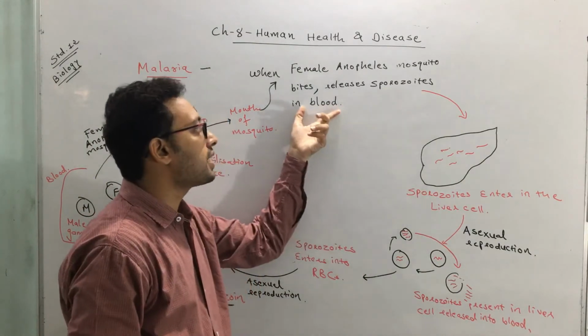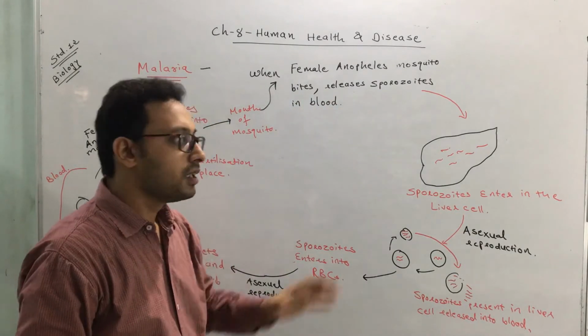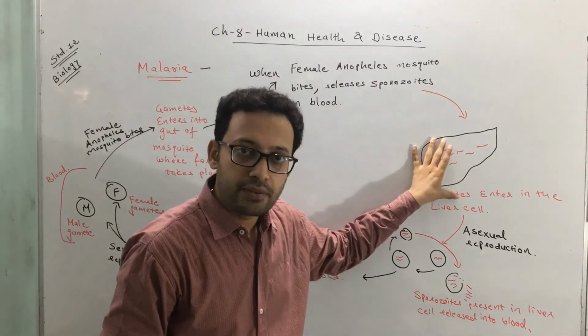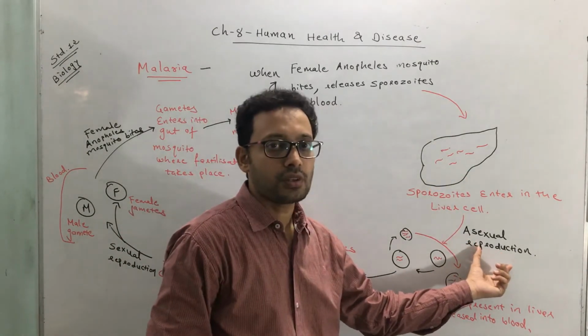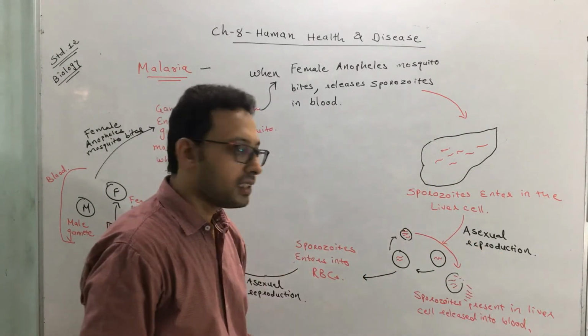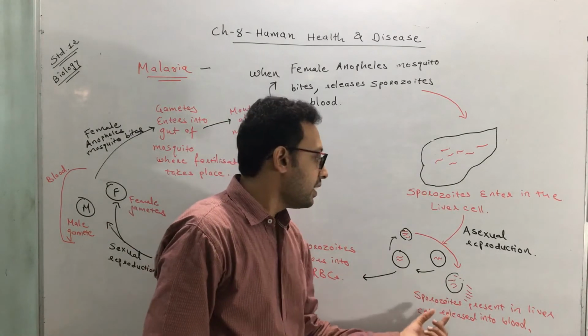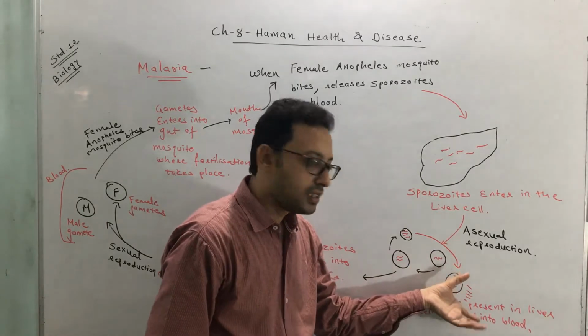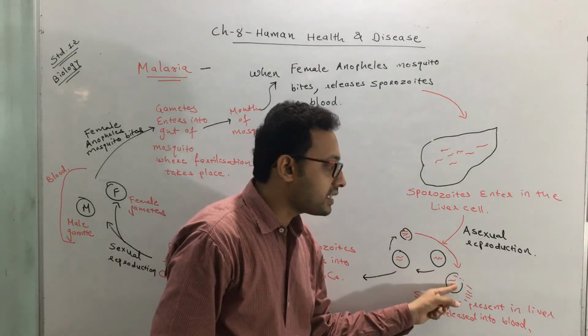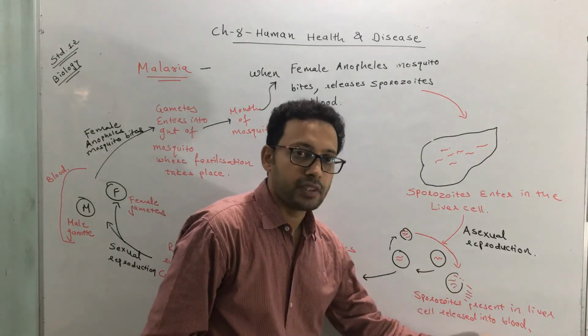These sporozoids are released in my blood. Through the blood it enters into a liver cell. In the liver cell, it undergoes asexual reproduction, meaning their numbers increase, and this leads to the bursting of the liver cell. The sporozoids present in this liver cell are released into the blood.